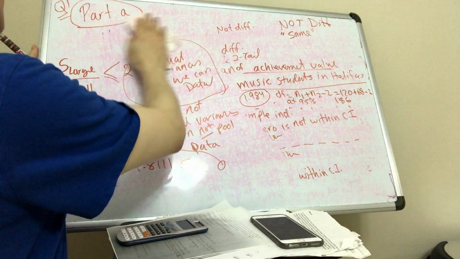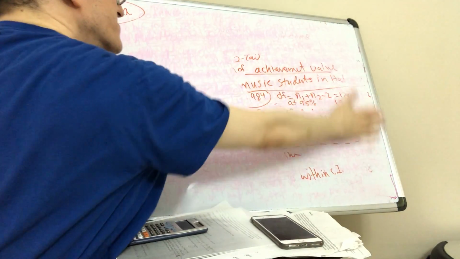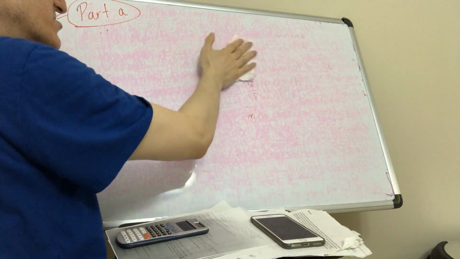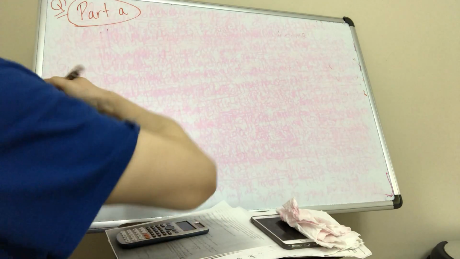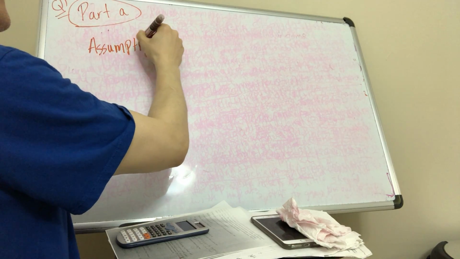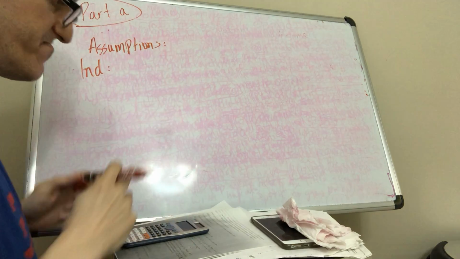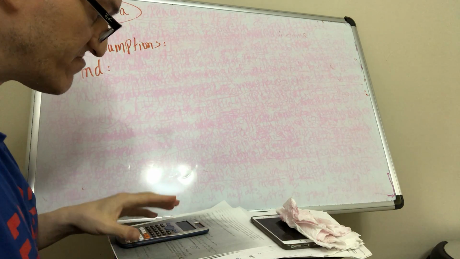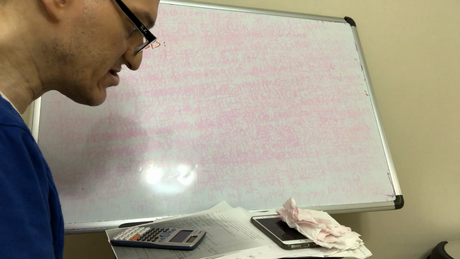I'm also going to talk about the assumptions for this chapter. Independence first. Did they mention anywhere in the question that the sample was selected randomly?